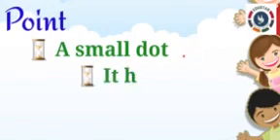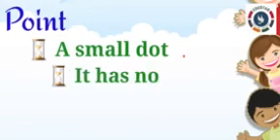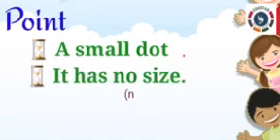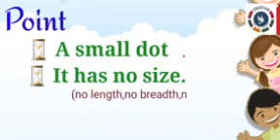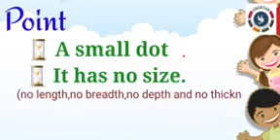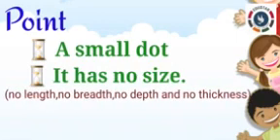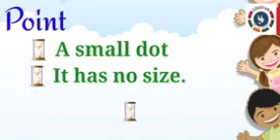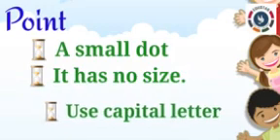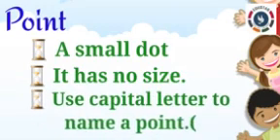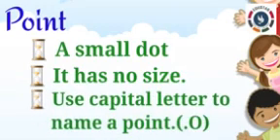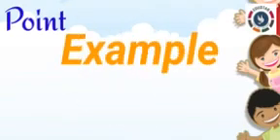It has no size, that is, no length, no breadth, no depth, and even no thickness. We use a capital letter to name a point. An example of a point is the tip of a needle.